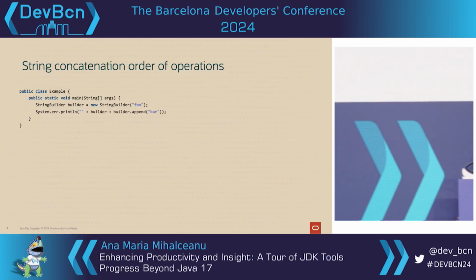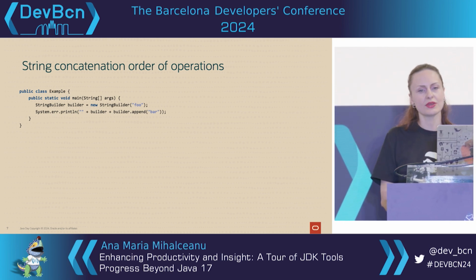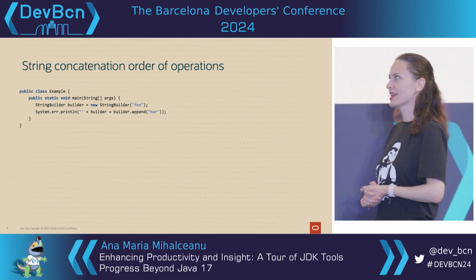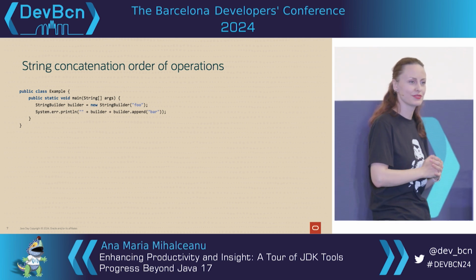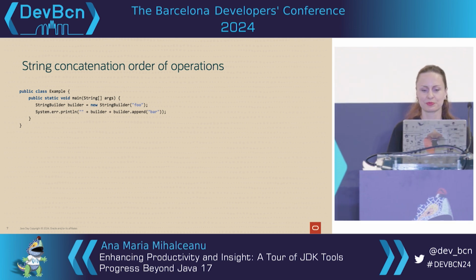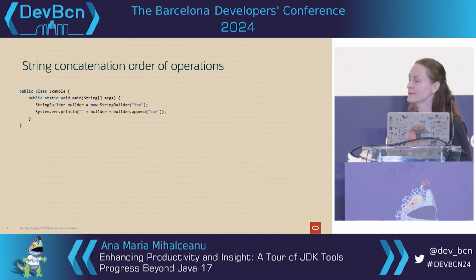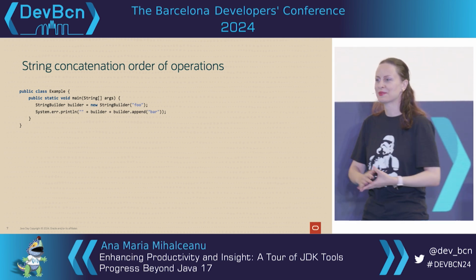So this is an example of string concatenation and order of operation. And I would like to ask you, especially those of you that are using Java 17 right now, what do you think this prints? I'm going to leave it, and of course, shout the answer to me. Louder.